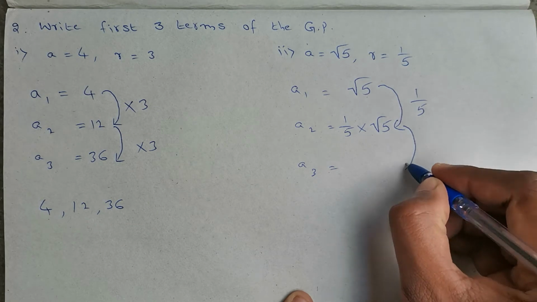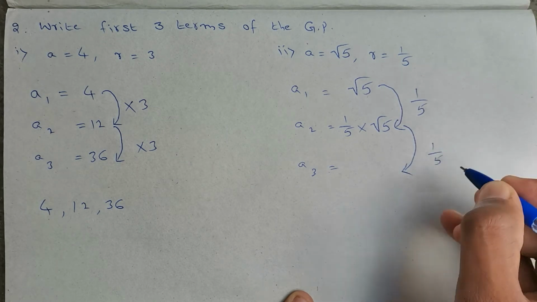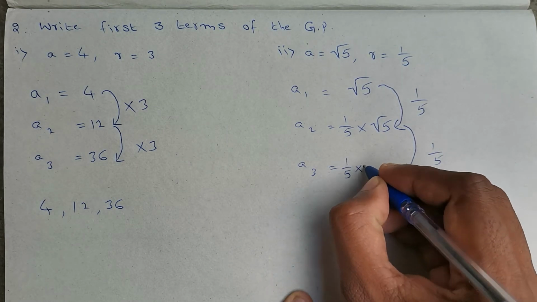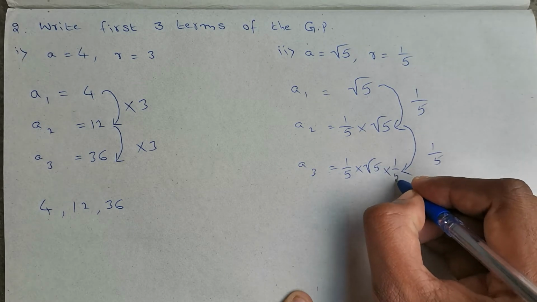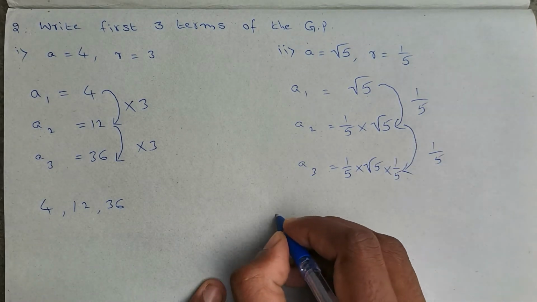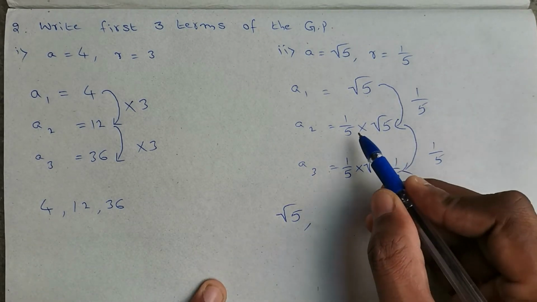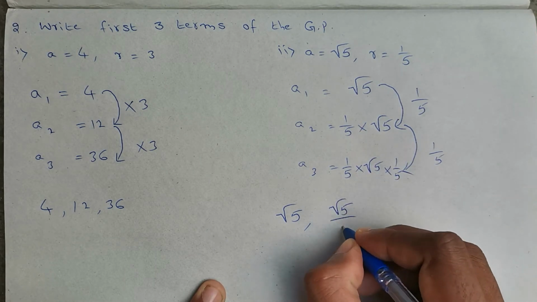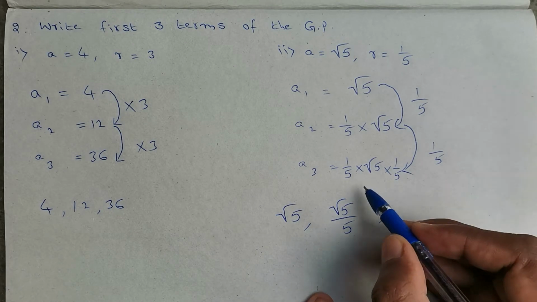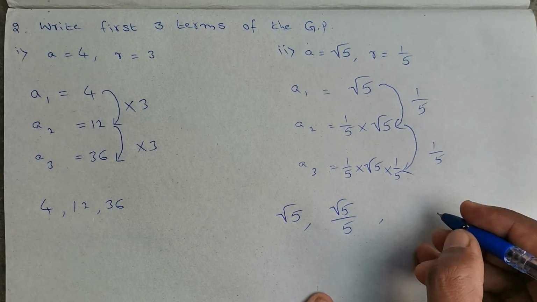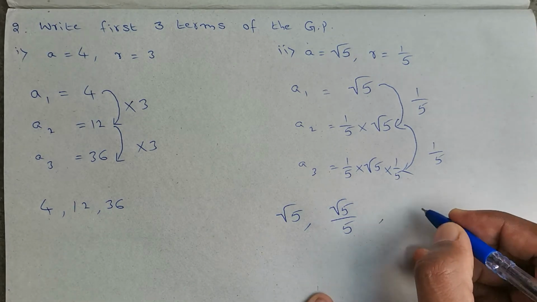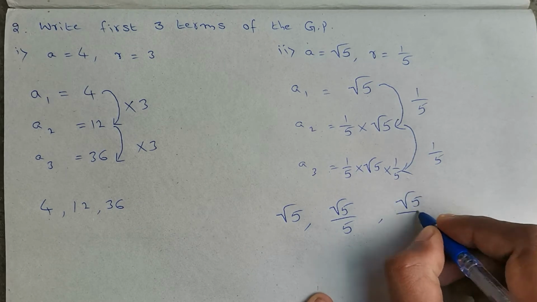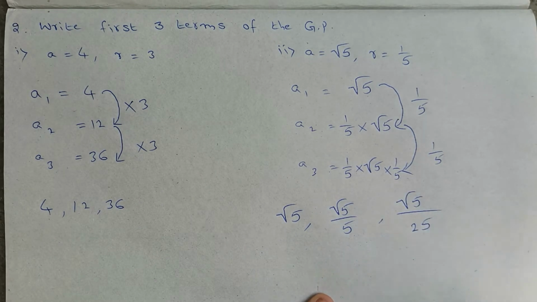Again for this we need to multiply by 1 by 5. 1 by 5 into root 5 again into 1 by 5. So the first term is root 5 as it is. Now 1 by 5 into root 5, root 5 divided by 5. Here 1 by 5 into 1 by 5, 1 by 25. 1 by 25 into root 5, root 5 divided by 25.